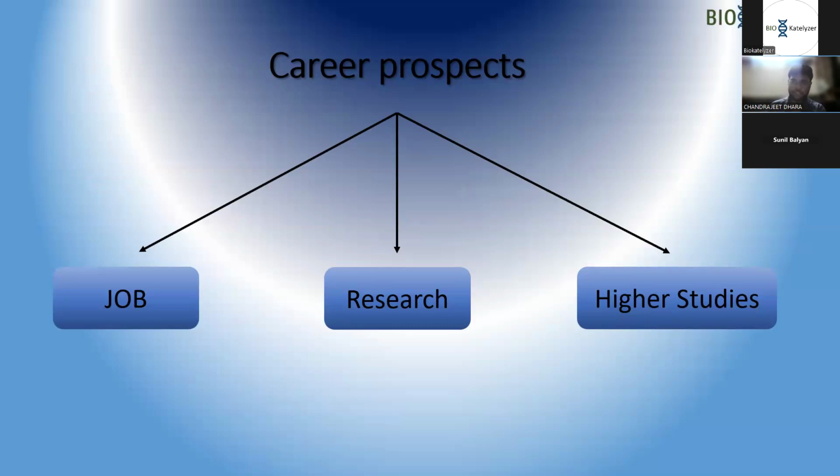First, I will talk about job. So after you complete your class 12, pursue BSc or BTech Biotechnology or an integrated BTech plus MTech Biotechnology dual degree from a government institute or an institute of your choice.